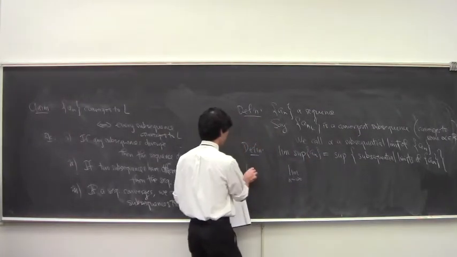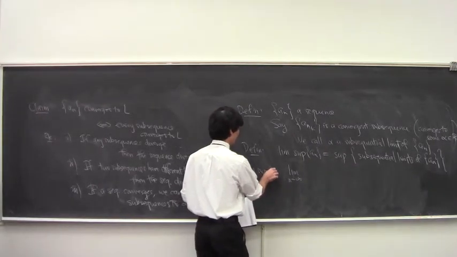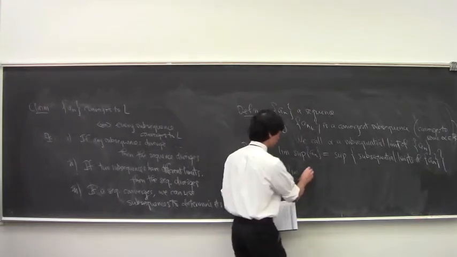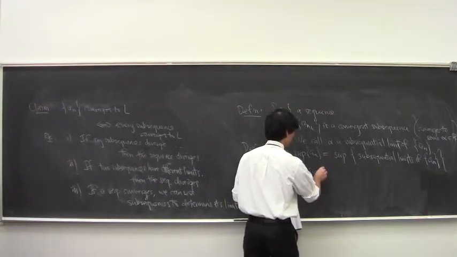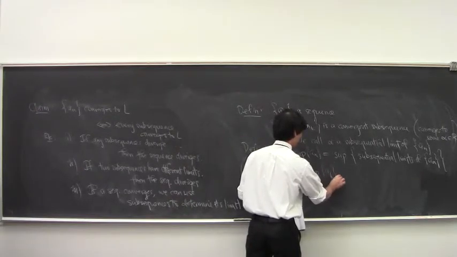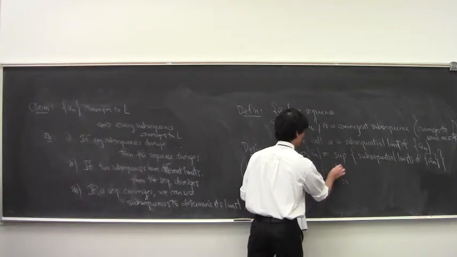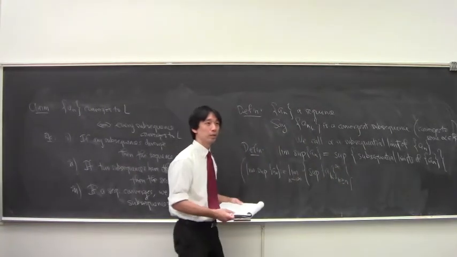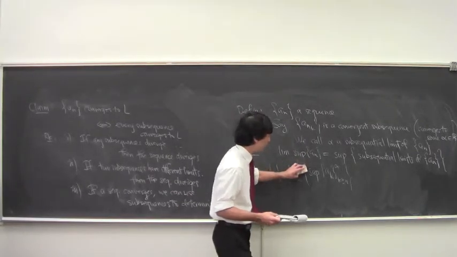Like the limsup of a sub n, previously we defined it like this: the limit as n goes to infinity of the supremums of a sub k, where k exceeds n. Right? Do you remember that?